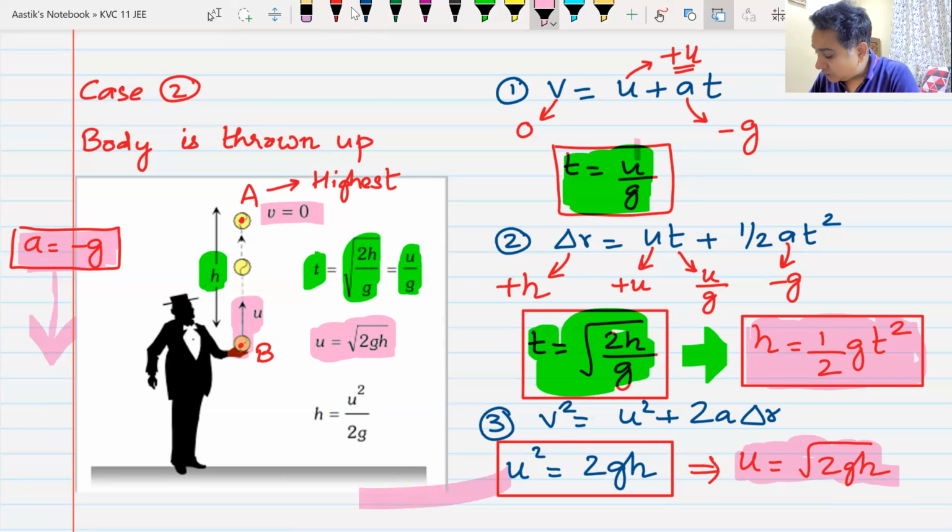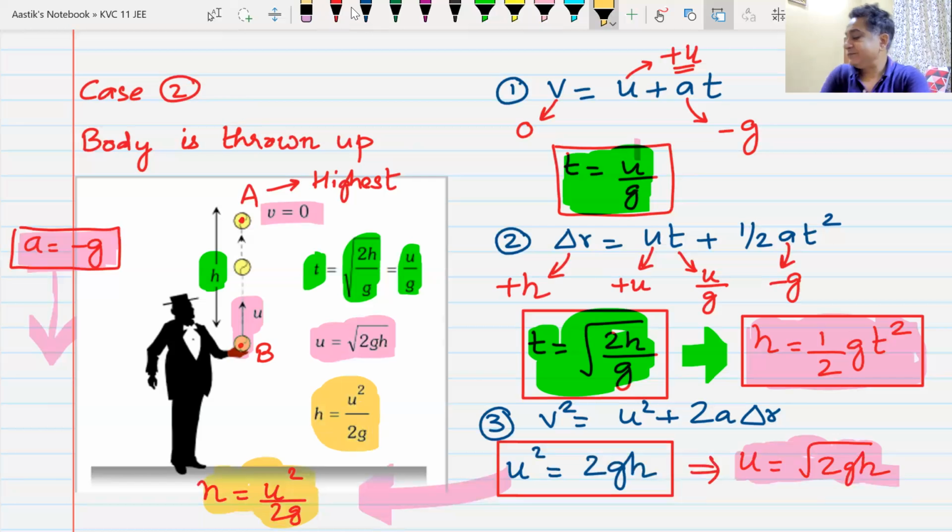Now you can write this formula in a different way. Instead of writing u as a function of h, I can write h as a function of u, so h is u square by 2g. This is the formula that you see put over here. Is it clear to everyone in the class what we have done? Yes or no?